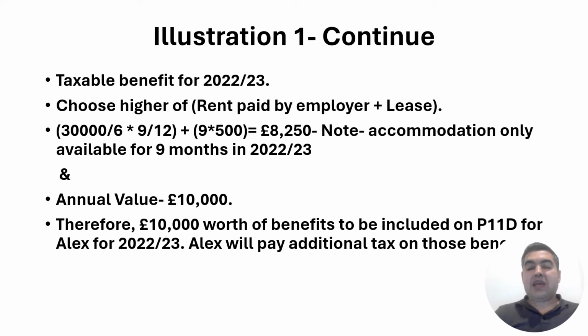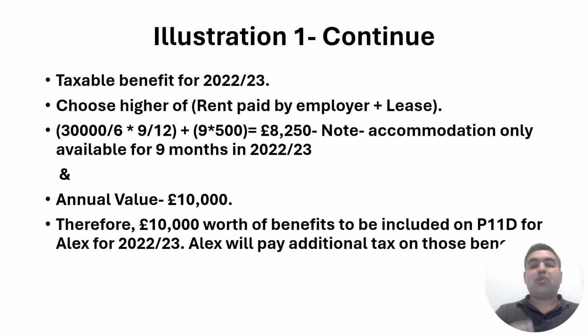Don't forget to multiply by 9 divided by 12 because the provision of accommodation started partway through. It started from July. In the UK, the financial year runs from 6th of April and ends on 5th of April the following year. So in our scenario, the provision of living accommodation started in July, and therefore we need to take only 9 months into account.